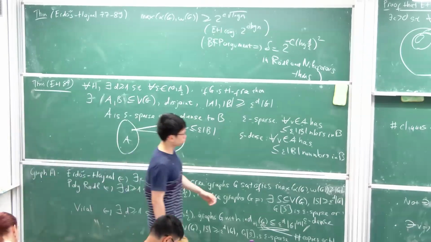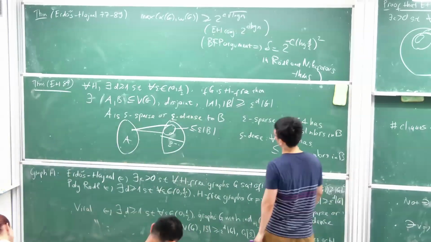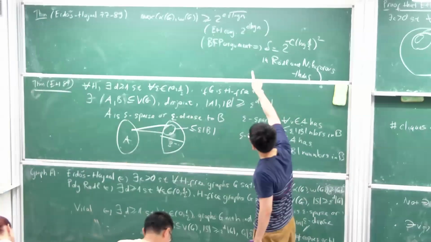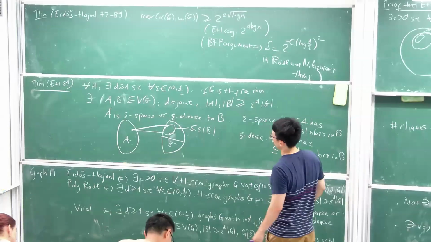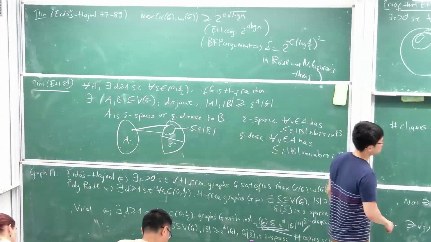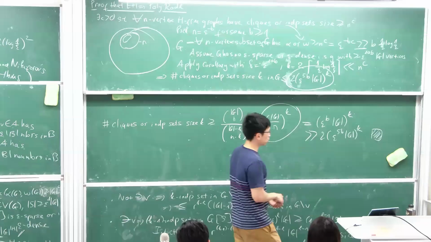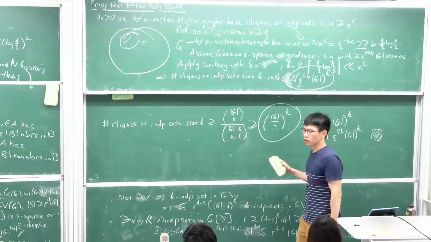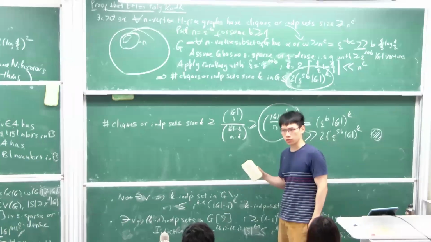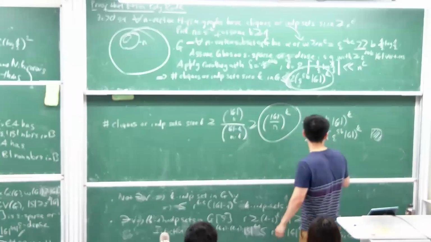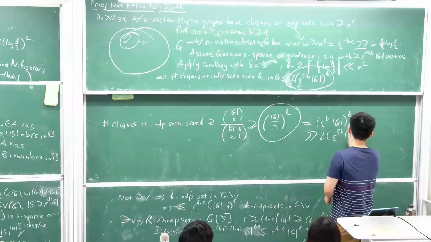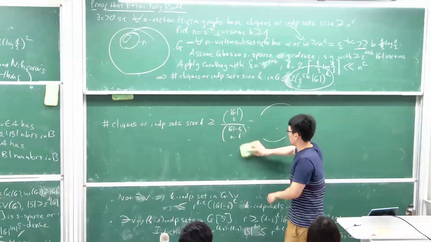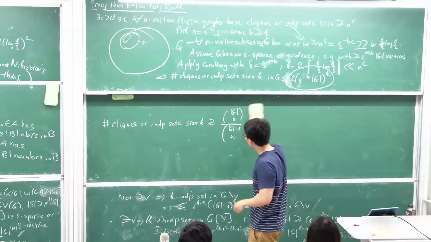So, how can we derive that exponent root log n bound from this? If you remember, I mentioned the concept of P4-free graphs in the first talk yesterday, and in the literature, a P4-free graph is a cograph.